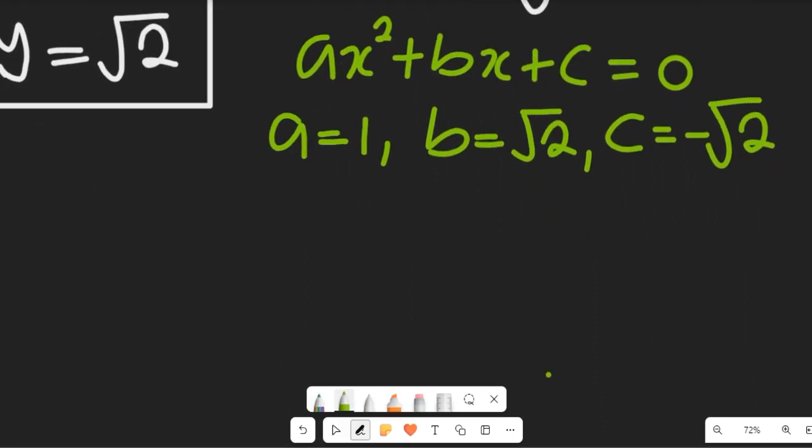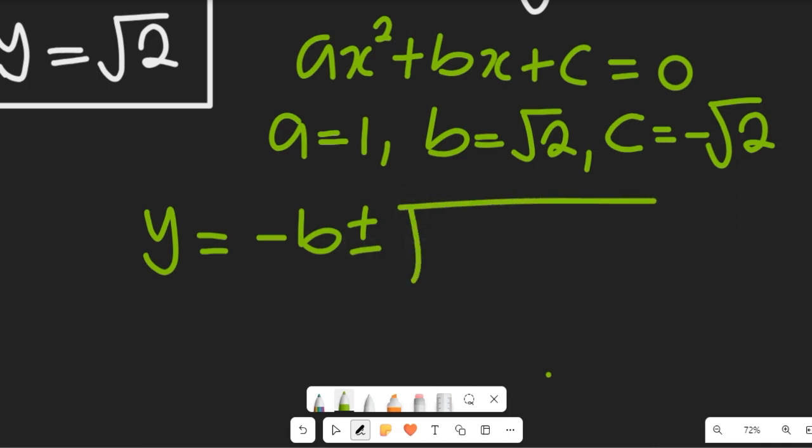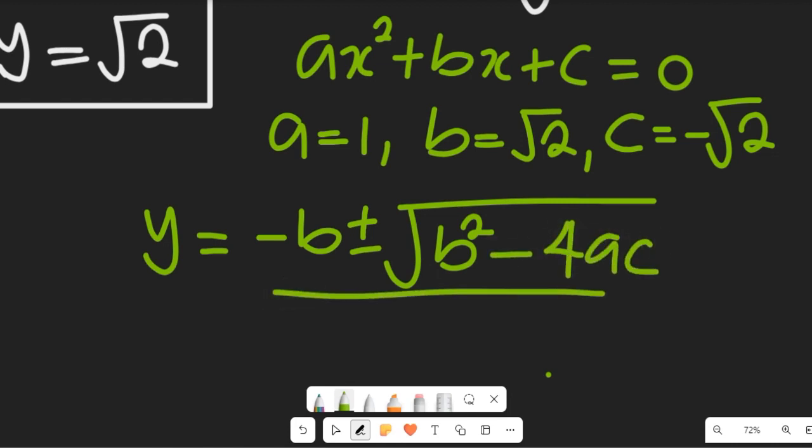Using the quadratic formula, the value of our y will be equal to negative b plus or minus square root of b squared minus 4ac, divided by 2a.